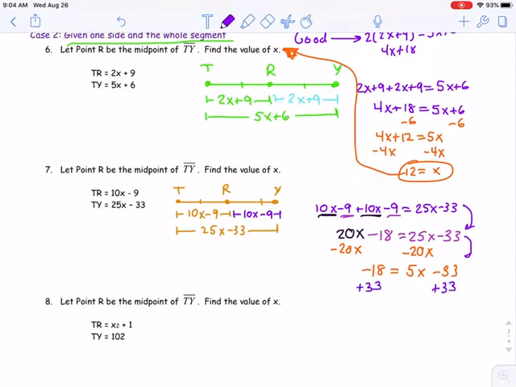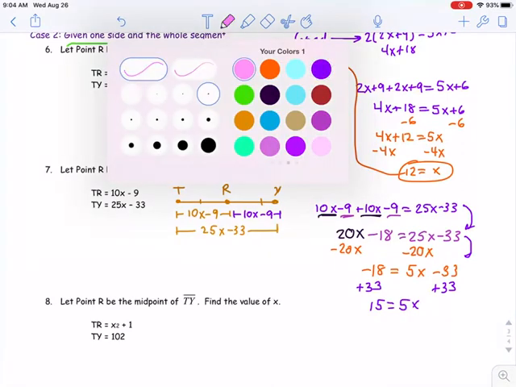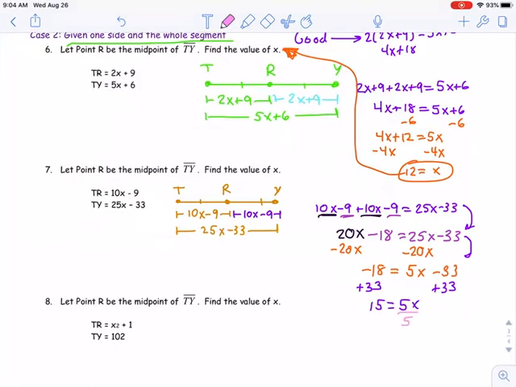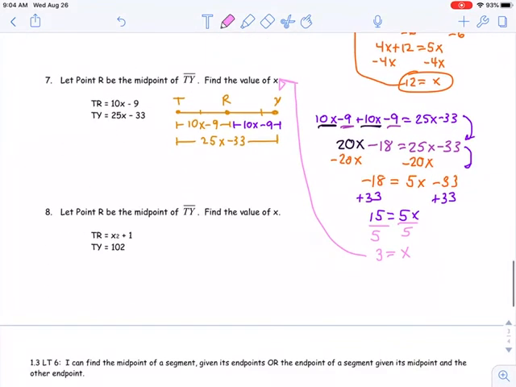I know sometimes you students like to try to do a whole bunch of steps. Then you're susceptible to a silly mistake. Be tedious, be very thorough, be very detailed in your work, and it's going to eliminate a lot of common mistakes. And I get 3 equals x. And that's what the problem asked, so I'm done.